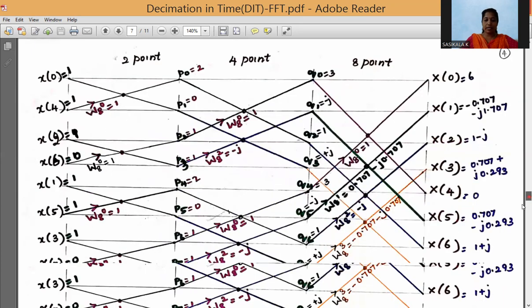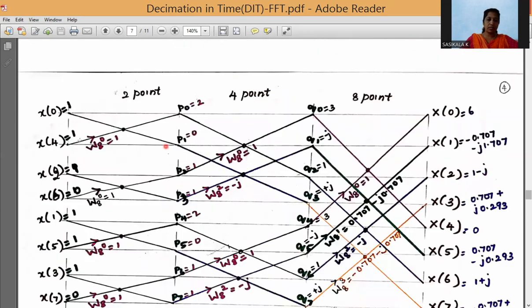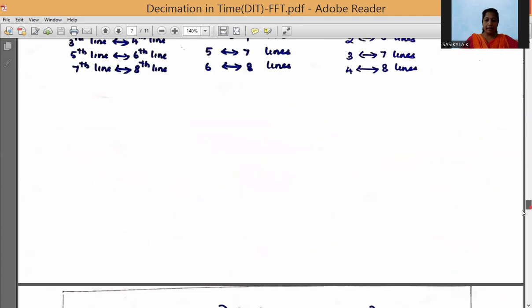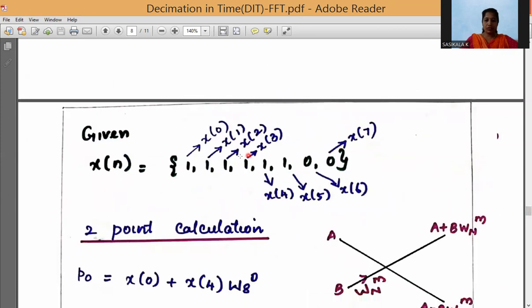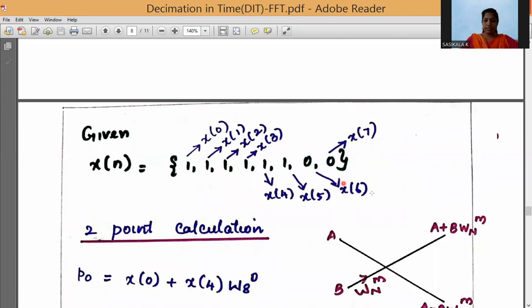The next one is x of 4. X of 4's value is, again, 1. So substitute x of 4 is equal to 1. And x of 2 value is 1. So substitute x of 2 is equal to 1. And x of 6 value is 0.